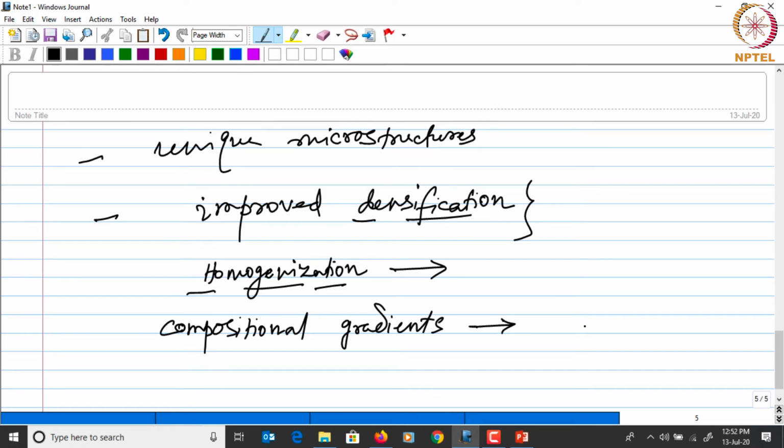And that is what we need for the densification to happen in case of sintering. So this will enhance the diffusional flux, which is going to be helpful for the densification.